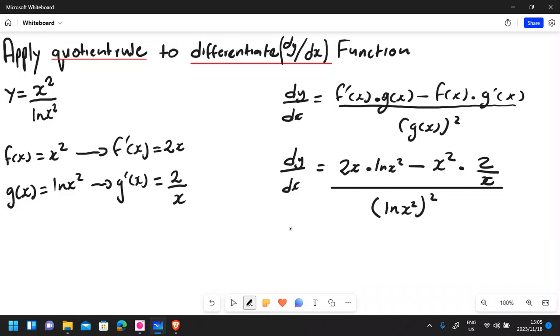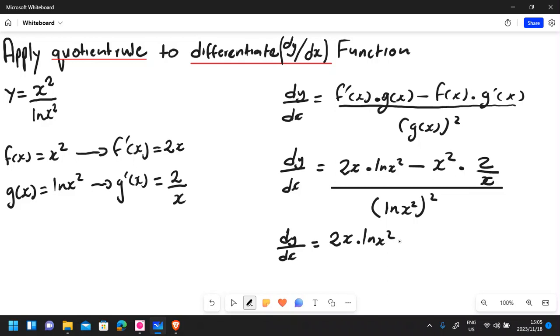Now let's simplify it in a simpler form. Let's start with this one here. By the way, this one, there's nothing we can do. The first term on the numerator is just going to be 2x multiplied by natural log x squared.